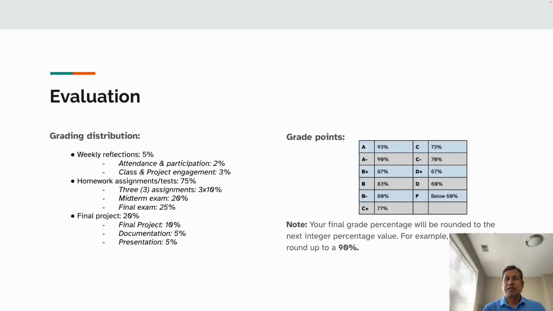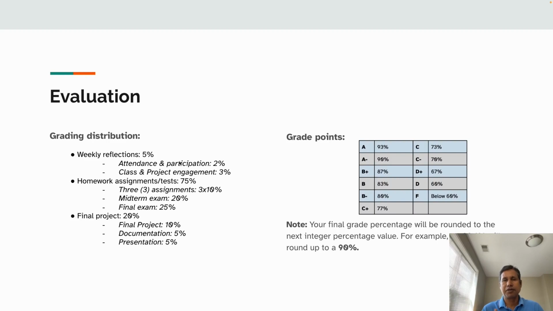So now let's talk a little bit about the grading distribution. Your weekly reflection will cover 5%, and this includes your attendance and participation. This is an asynchronous course, so there won't be any attendance, but I encourage you to participate in discussions.